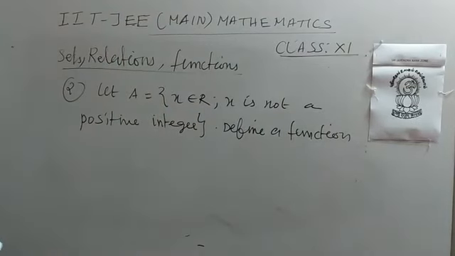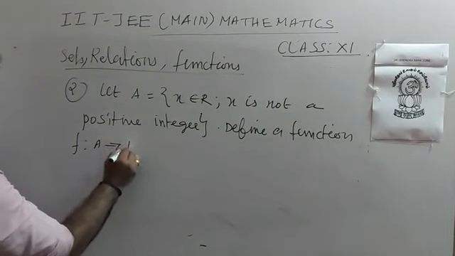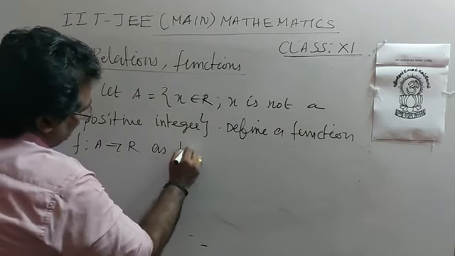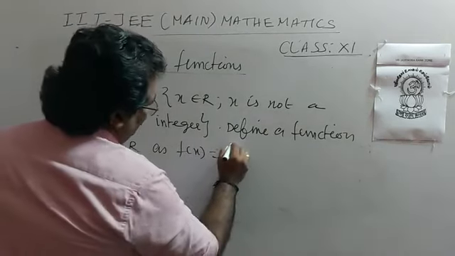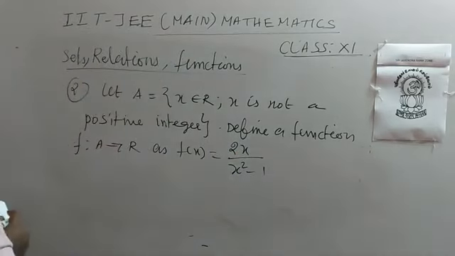Define a function f from A to R as f of x equal to 2x by x square minus 1.